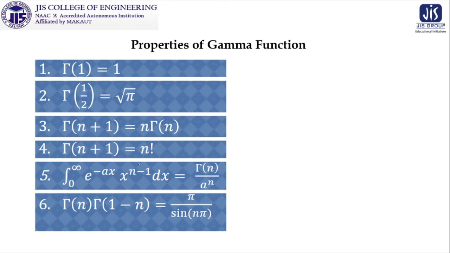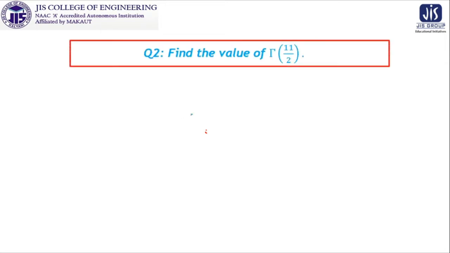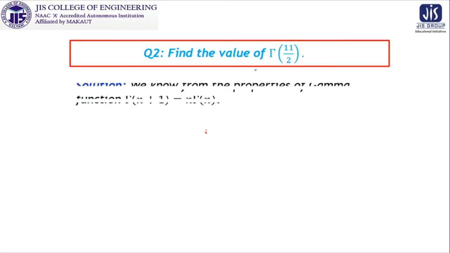Now if we proceed to the problems, our job is to find the value of gamma 11 by 2. How to proceed? Already we have the clue of the solution technique for these types of problems from the last class. We have from the property that gamma n plus 1 is equal to n gamma n.